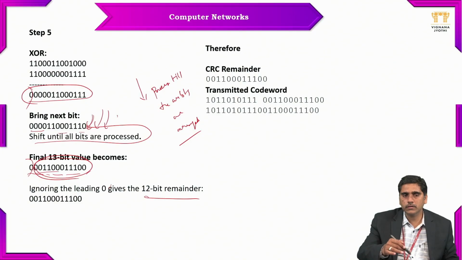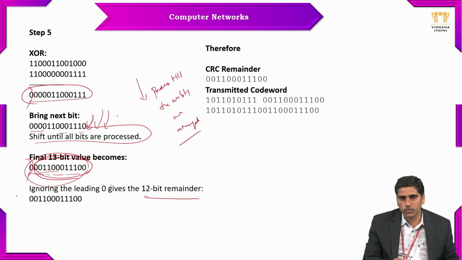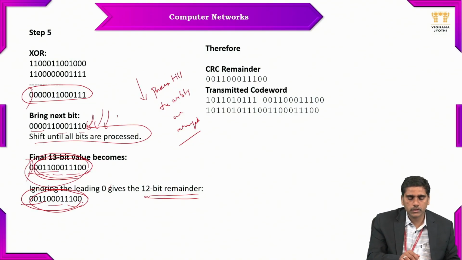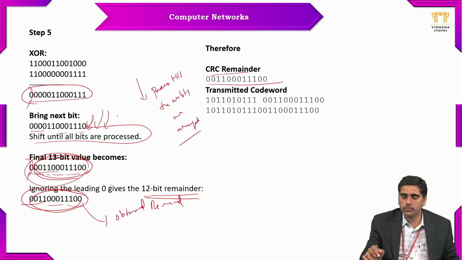Once we reach the last step, if the left side bit is 0, then ignore the leading 0 and take the 12-bit remainder. That is this 12-bit remainder, 0 0 1 1 0 0 0 1 1 1 0 0. This is the obtained remainder. Therefore the CRC remainder will be this one.